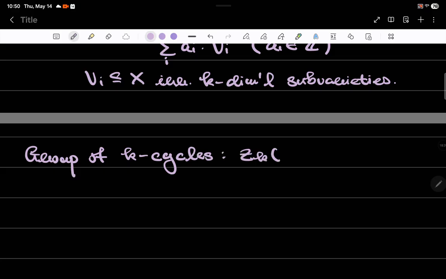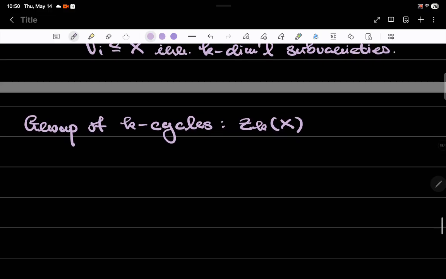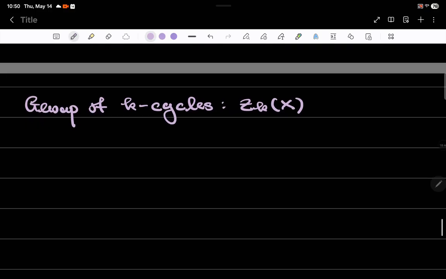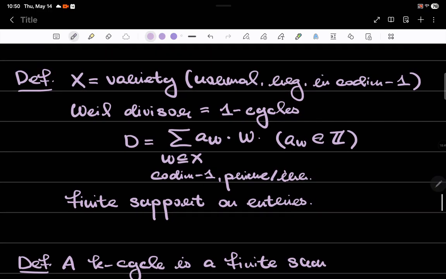is denoted by Z_k(X). I'll note that, oh sorry, this should be n-1 cycle. I always mix up whether it's codimension or dimension, but in this case it's dimension, so this is an n-1.